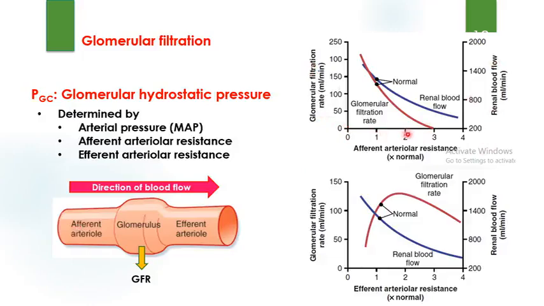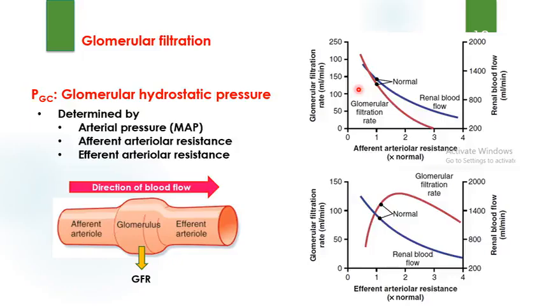By increasing afferent arteriolar resistance, the renal blood flow will decrease, which is predictable, and also GFR will decrease by decreasing hydrostatic pressure at the glomerular capillary level.